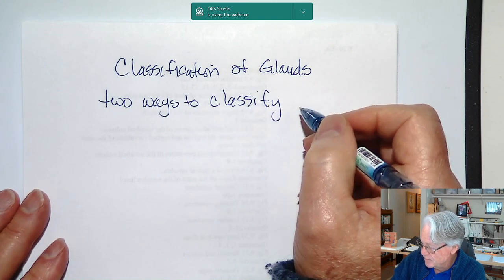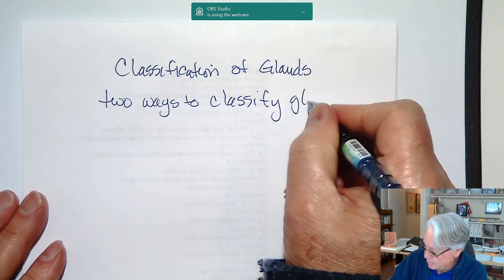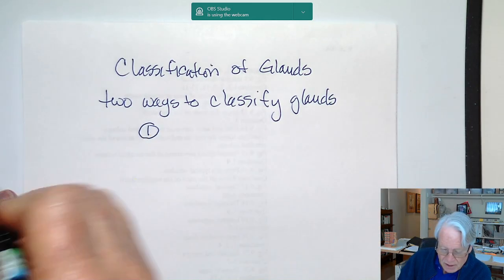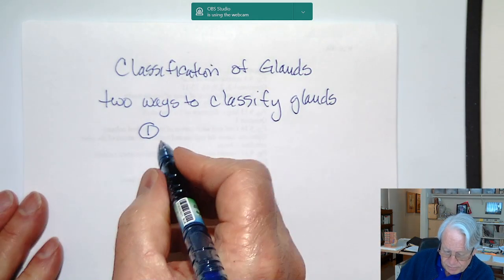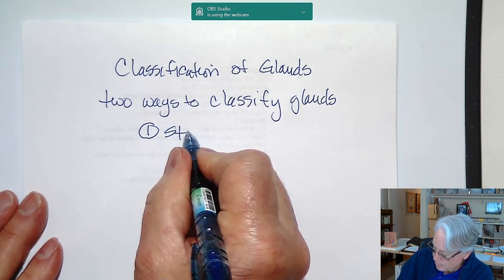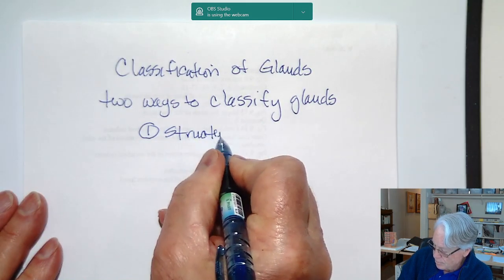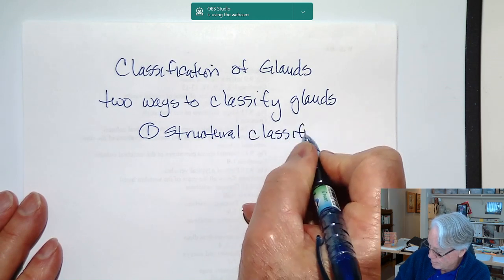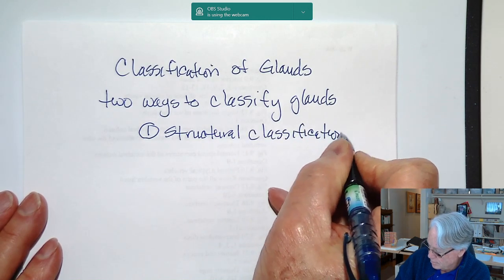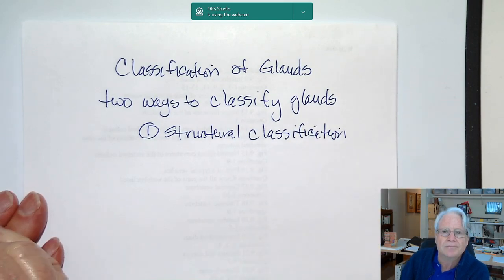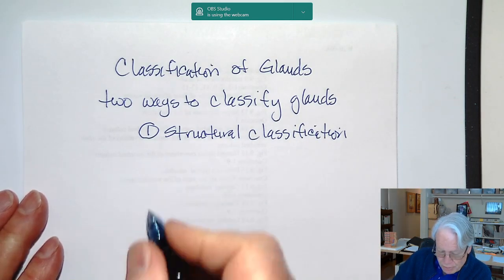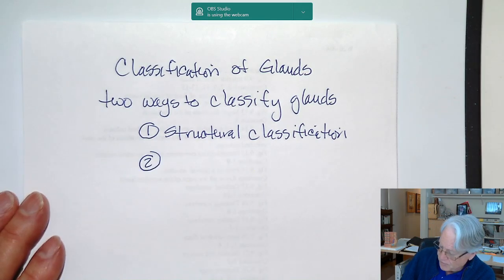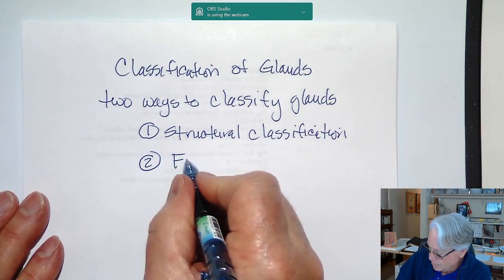Two ways to classify glands. Number one is structural. So structural classification. Number two is functional classification.